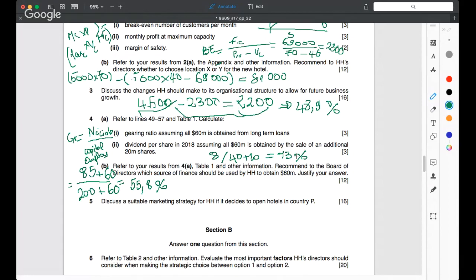What else? It says retained profits. So is that just using profits that you've already made and putting it into something else?